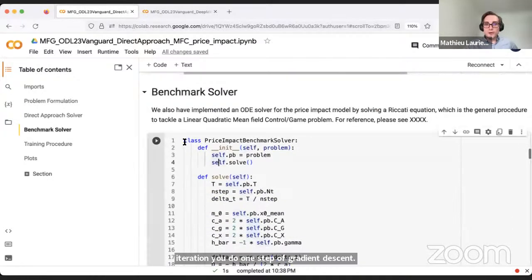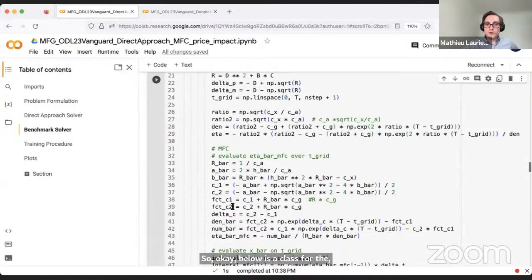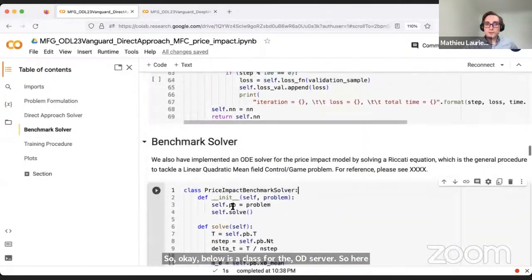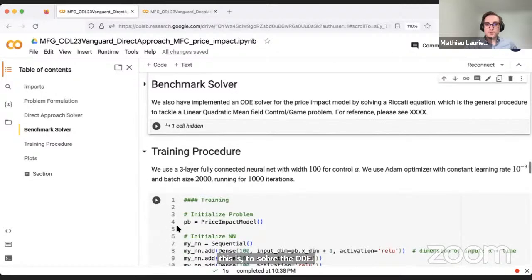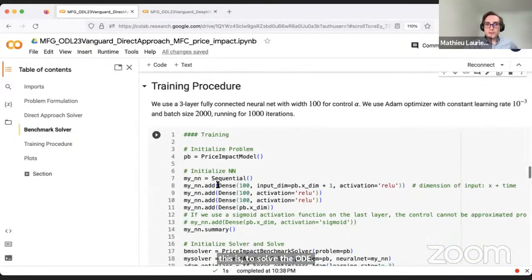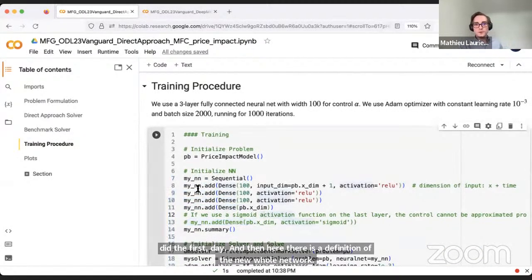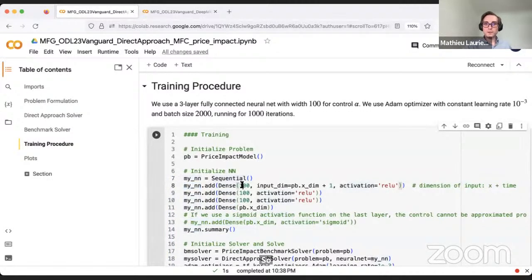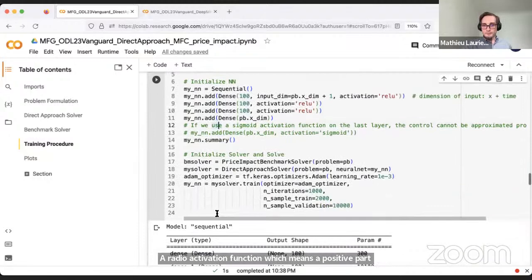Below is a class for the ODE solver, to solve the ODE. I will not discuss that because it's similar to what we did the first day. And then here there is a definition of the neural network. We take a neural network with 3 layers and 100 neurons on each layer, and a ReLU activation function, which means a positive part actually.